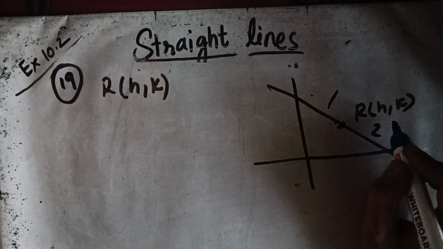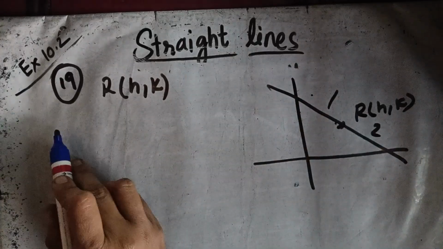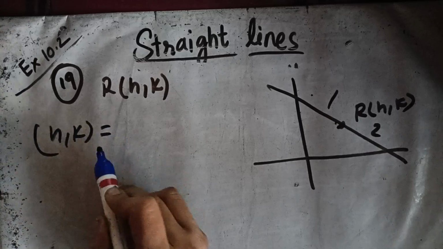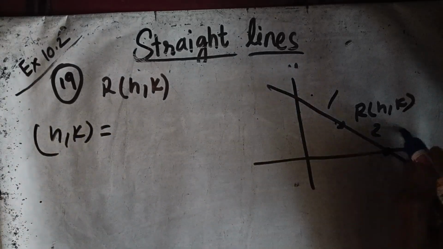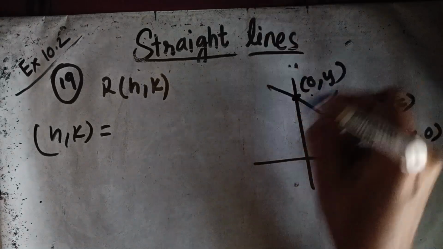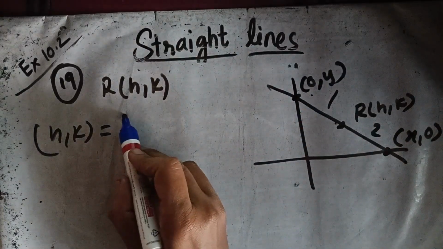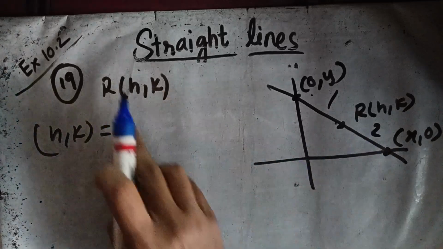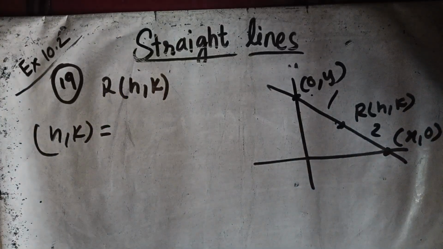Okay. Now here they have given the midpoint equal to, this is our x comma 0, this is our 0 comma y. Okay. This is not a midpoint, this is a section formula you have to use. Okay.